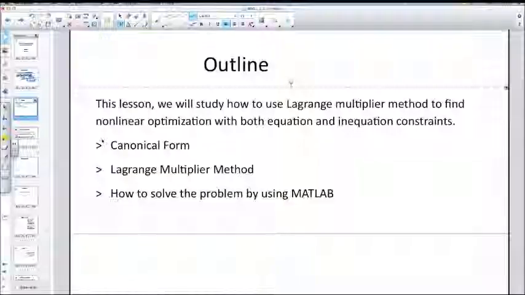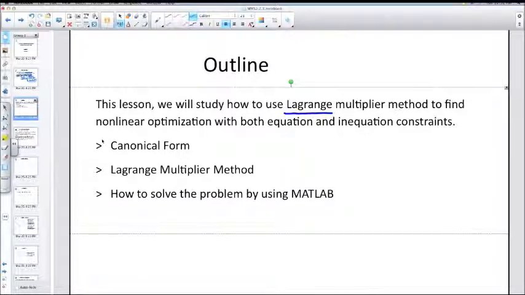This is our 6th lesson of the second module. We're going to talk about nonlinear programming and the Lagrange method with the slack variables. Today, we're back to the second hour, it looks like.